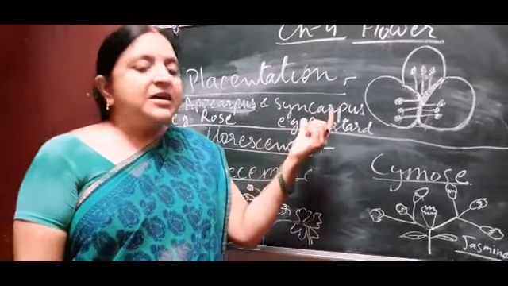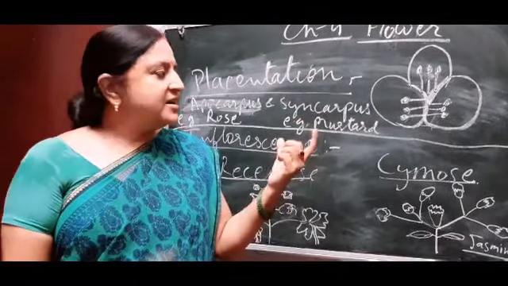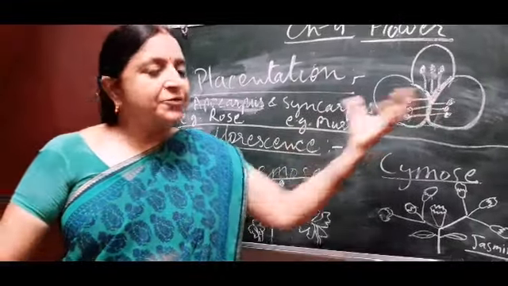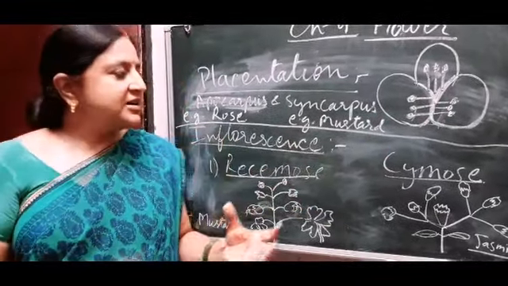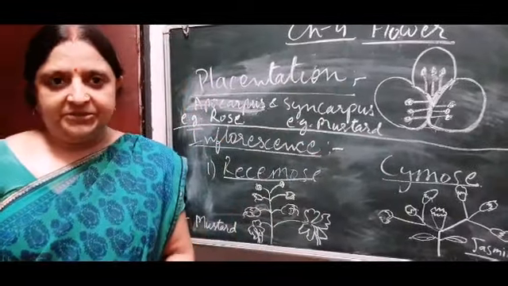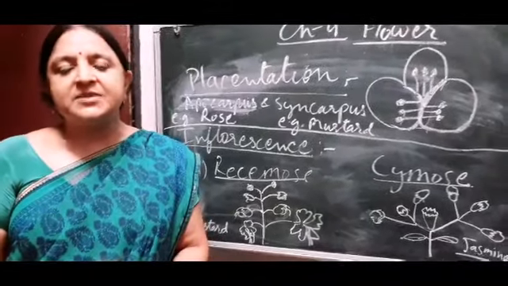When the carpels are fused with each other, that condition is called syncarpous, and the example is mustard. This is all about placentation and the apocarpous and syncarpous conditions.